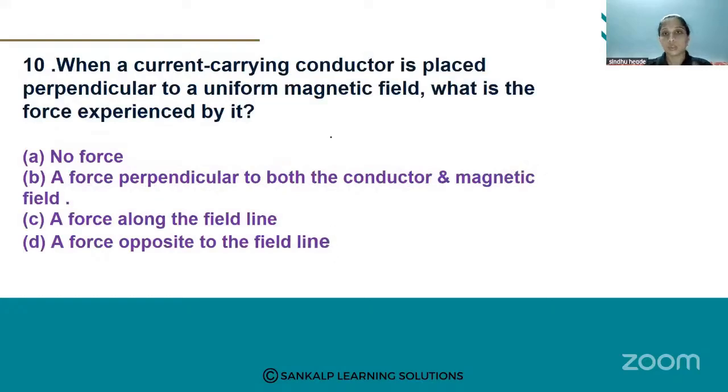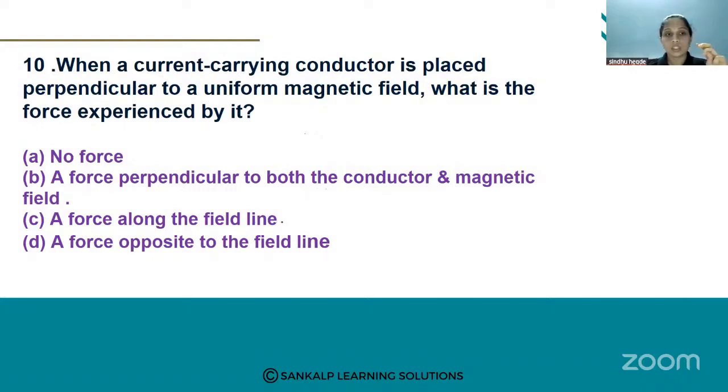Last question, that is the 10th one. When a current carrying conductor is placed perpendicular to a uniform magnetic field, what is the force experienced by it? This is purely related to the left hand rule. See, no force. A force perpendicular to both the conductor and magnetic field.